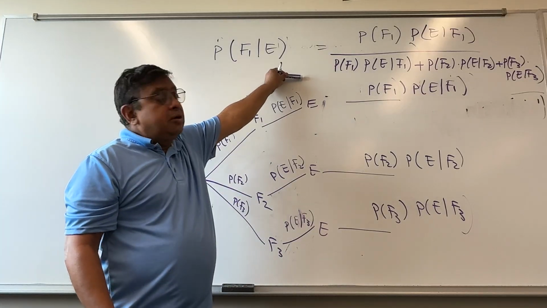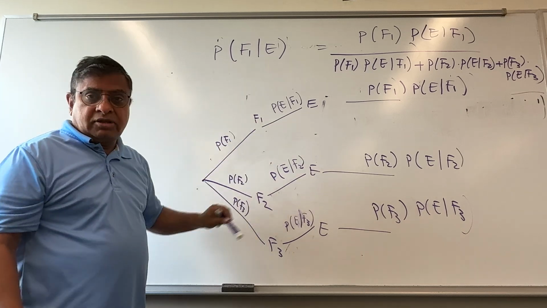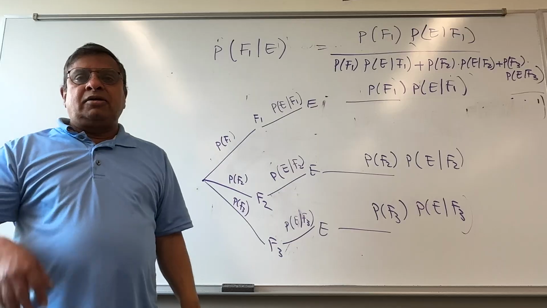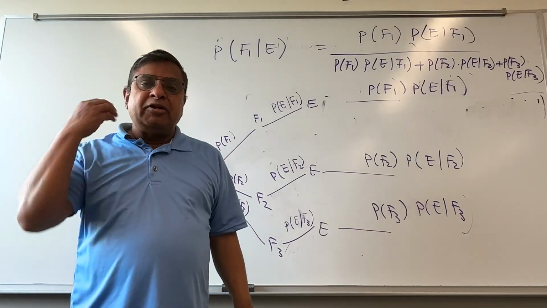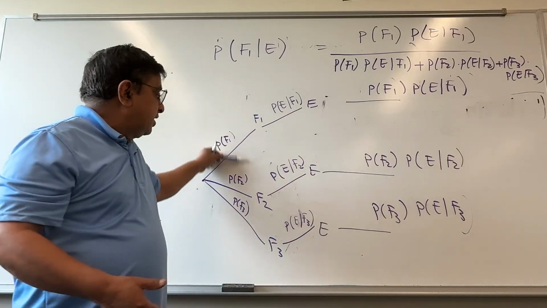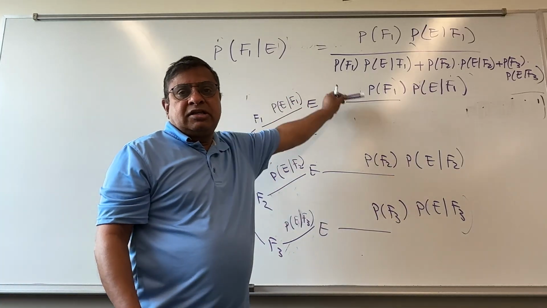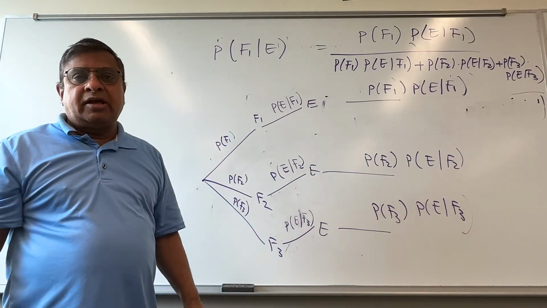This is Bayes' theorem with three mutually exclusive outcomes to begin with, okay? And you can extend the same thing for 4, 5, 6, no matter however many you have, mutually exclusive, they all add up to 1. You could use the Bayes' theorem to write down the formulas from this tree diagram, okay?